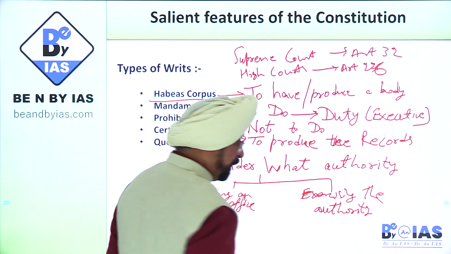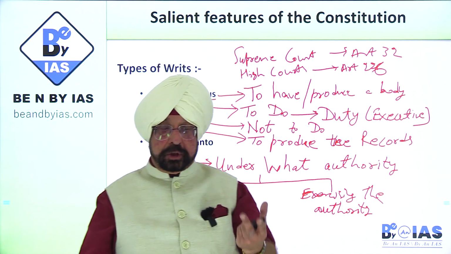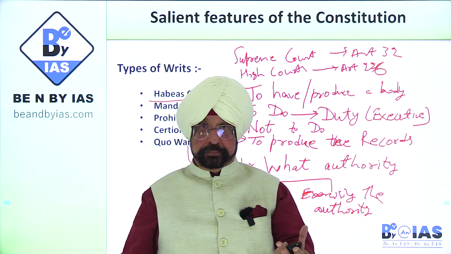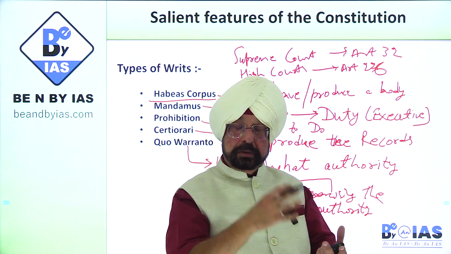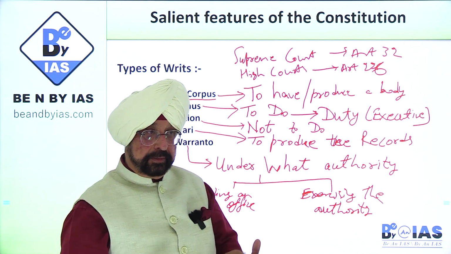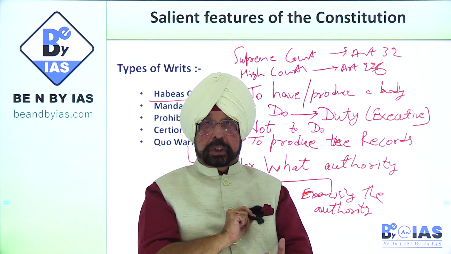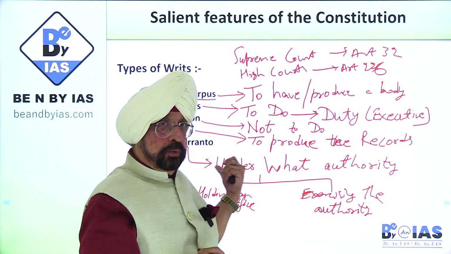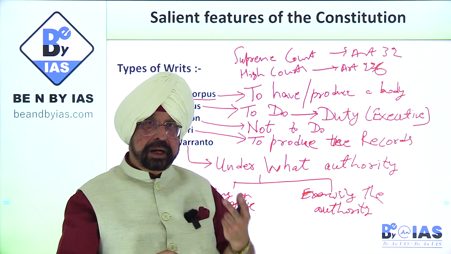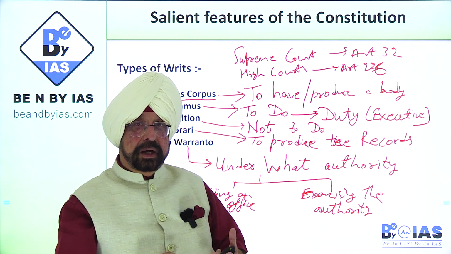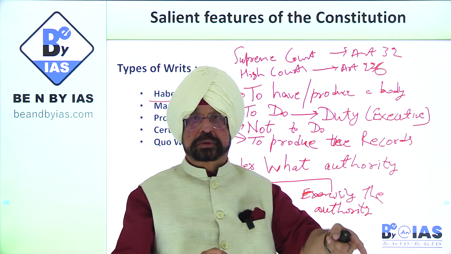What does it mean? Suppose there is a post which has a certain amount of authority. Some person, not even an officer, is holding that post. Now, through quo warranto, either of these 2 courts can ask that person: under what authority, what permitted you to hold this post?